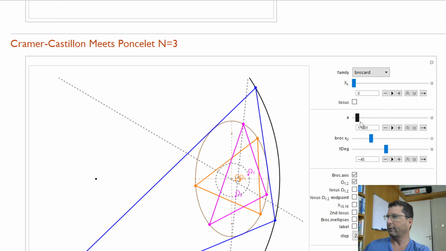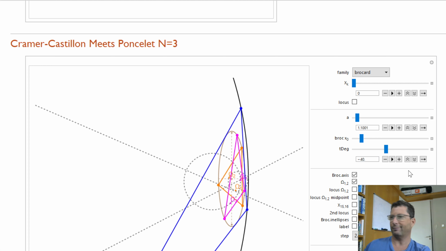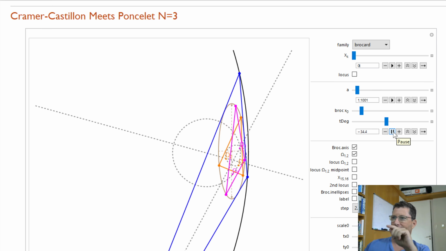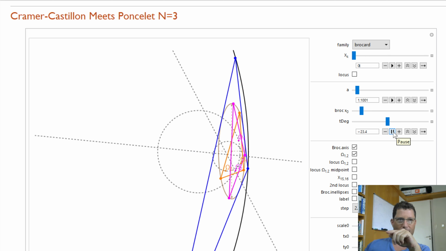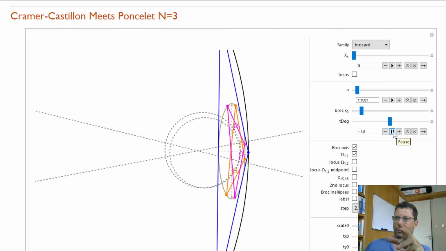Yeah, they're not shared. I wasn't careful about the aspect ratio of my Brocard porism here, so one of the Brocard circles was too small. But you can see here that as I iterate through the porism, there are two distinct Brocard circles and two distinct Brocard axes.